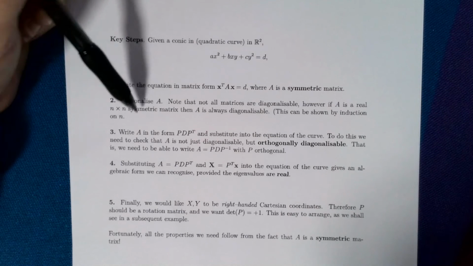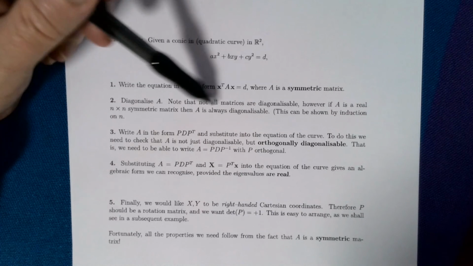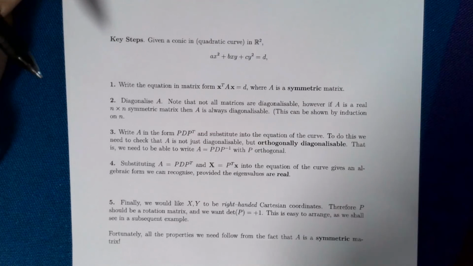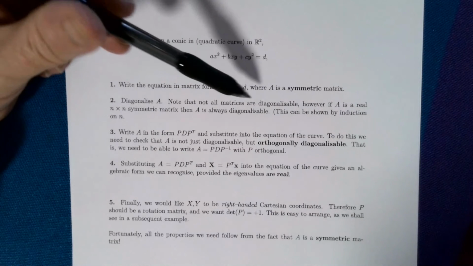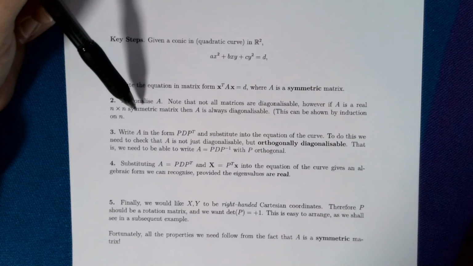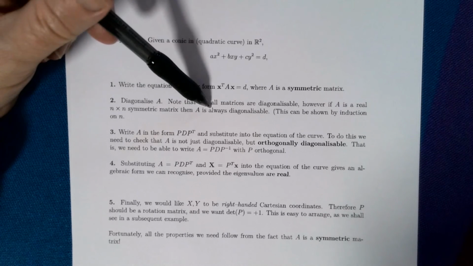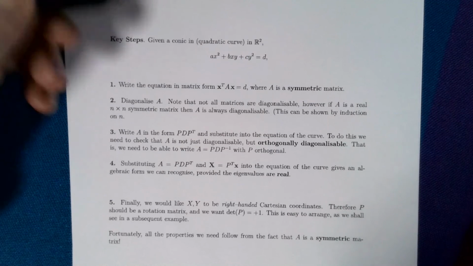We diagonalise A. Now note that not all matrices, of course, are diagonalisable, and we're going to worry a bit about that in a later chapter. However, if A is a real n by n symmetric matrix, then happily A is always diagonalisable. This can be shown, in fact, by induction on n.